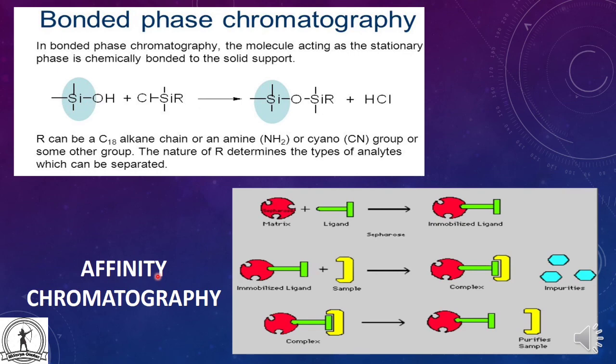It is based upon the specific interaction between the analyte molecule and another compatible molecule immobilized on a stationary phase. Here you see it is the matrix and our ligand. They interact with each other and become an immobilized ligand. Here the immobilized ligand and our sample are there.